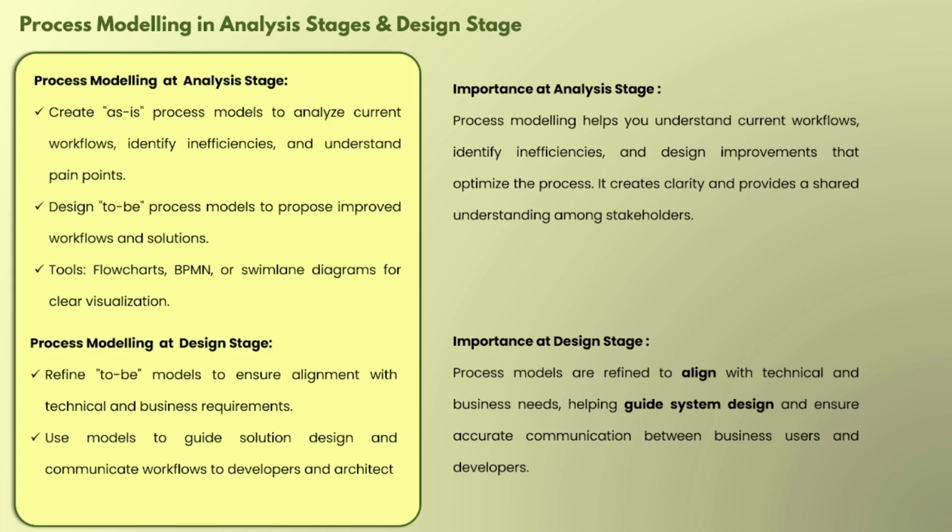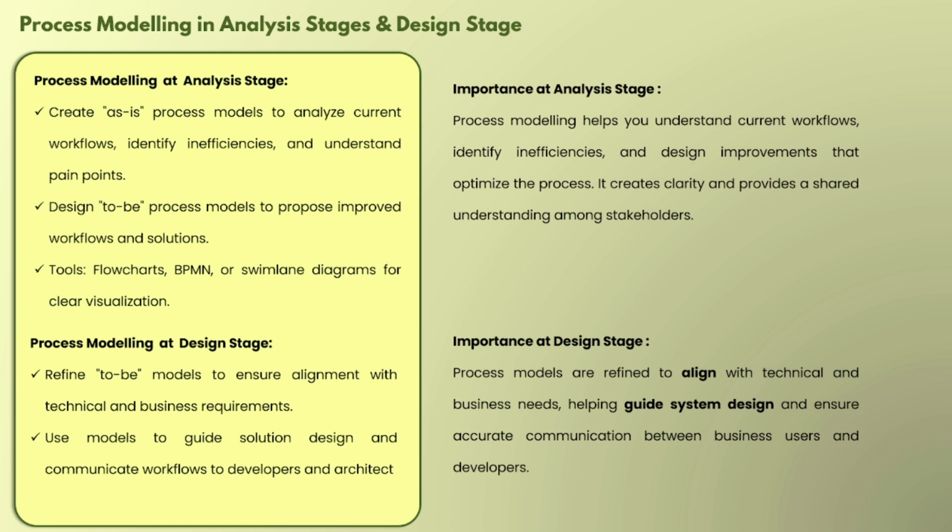In simple terms, process modeling lets us see how things are currently working, spot what's going wrong or slowing things down, and then plan better ways to do it. It also makes sure that everyone, like business people, tech teams, and other stakeholders, are all on the same page about how the process works and what needs to be changed.